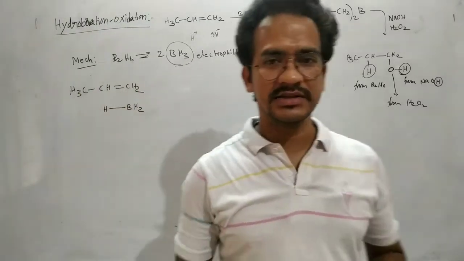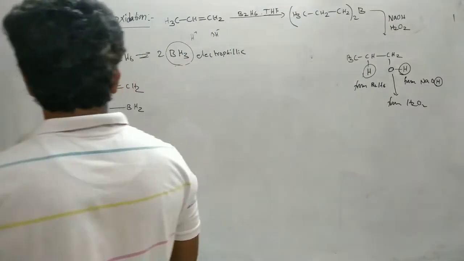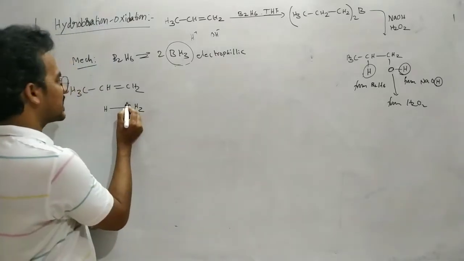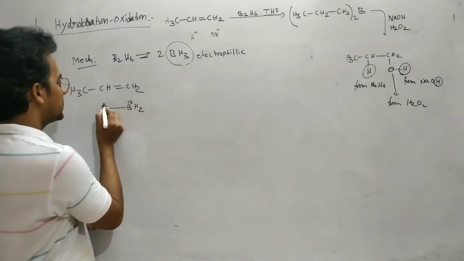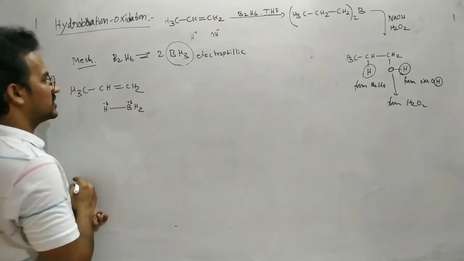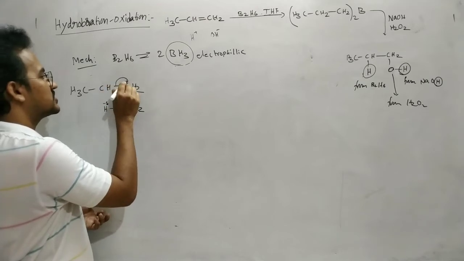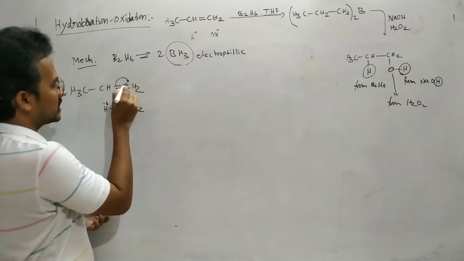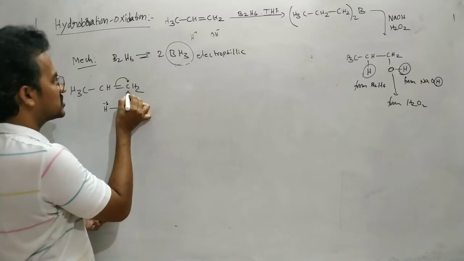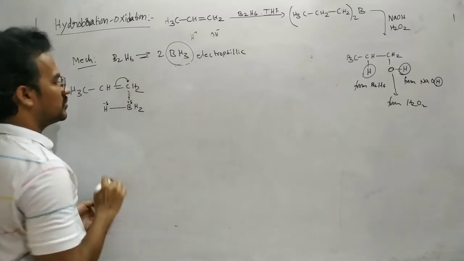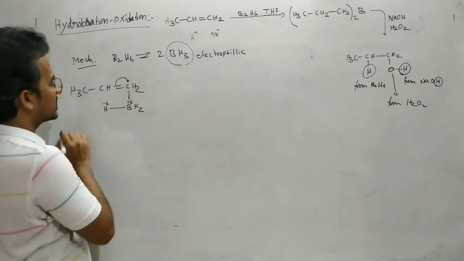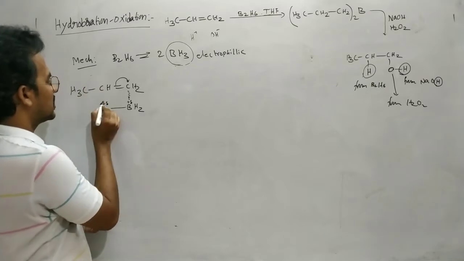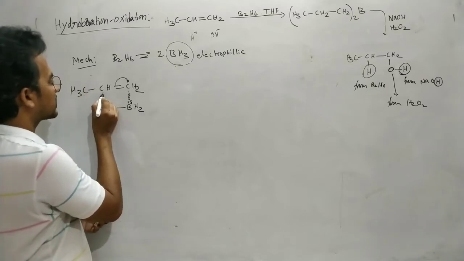In this polarization, boron carries a partial positive charge and hydrogen carries a partial negative charge. The pi electrons transfer to this carbon, so it carries a negative charge. That negatively charged carbon is attracted towards the positively charged BH2 part, and this carbon carries a positive charge. Now this negatively charged hydrogen is attracted.